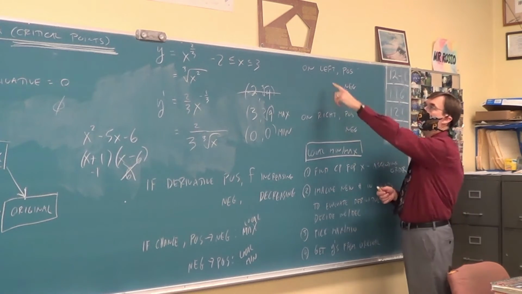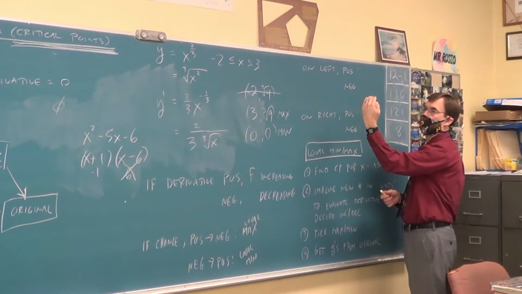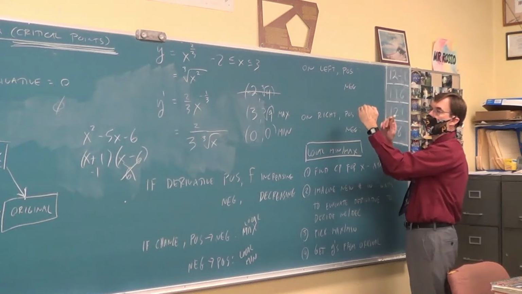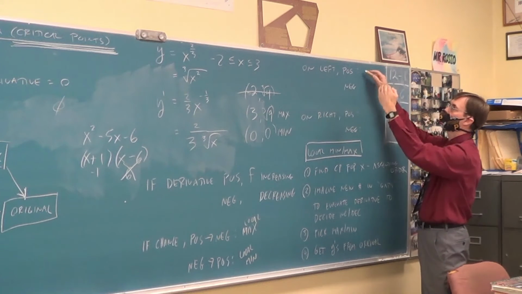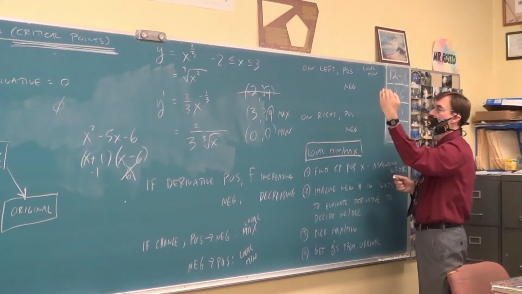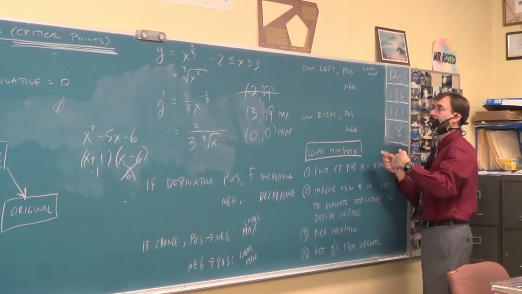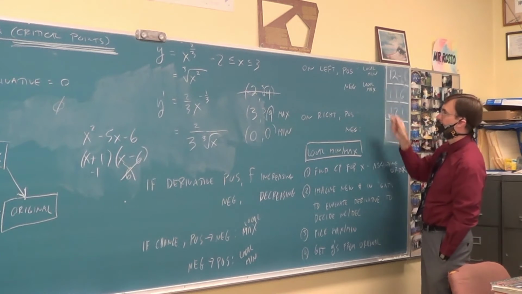If I'm coming out of the left end, positive, so I'm at the left end and I'm going uphill, that very beginning point, if I come out of it with an uphill positive slope, that had to be a local min. But if I had come out of that with a negative downhill slope, that original point would have had to be a local max.